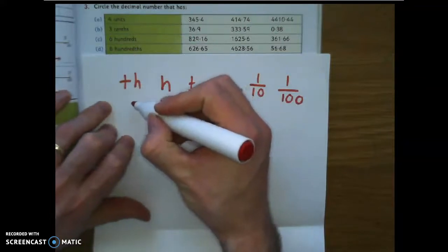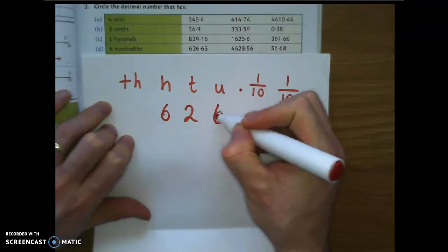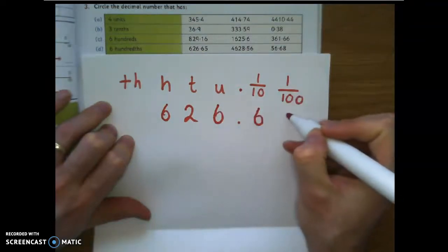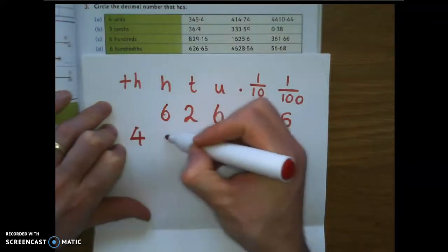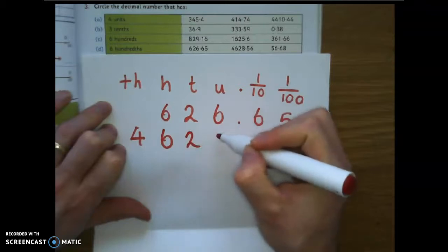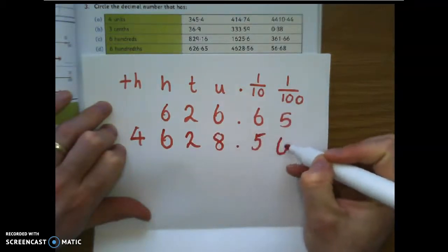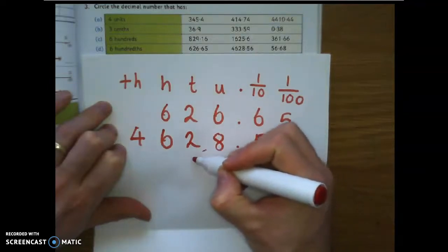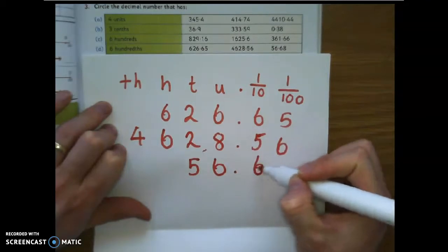Okay, so we've got the first one there was 626.65. We've got 4,628.56 and 56.68.